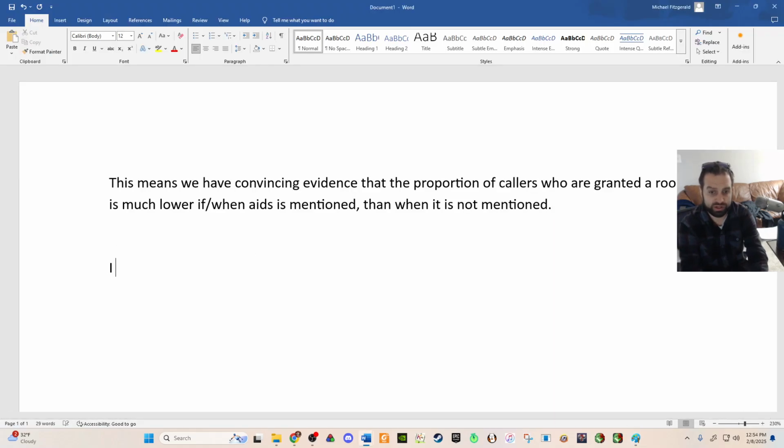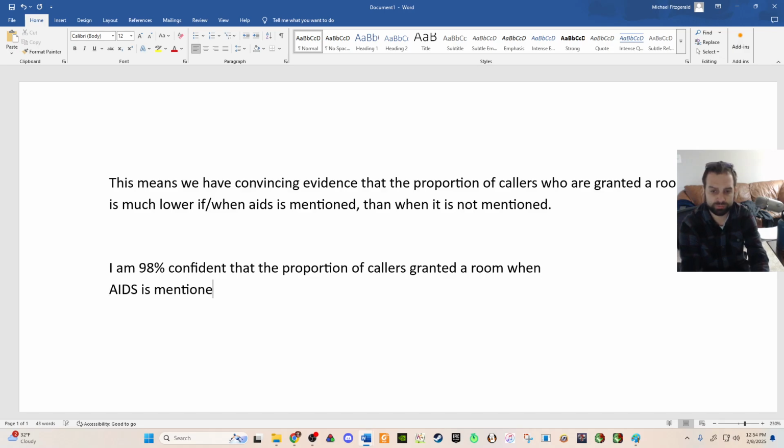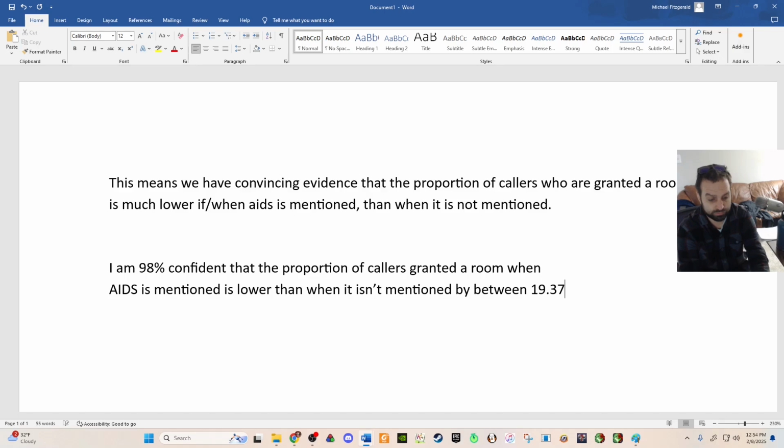I am 98% confident that the proportion of callers granted a room when AIDS is mentioned is lower than when it isn't by between 19.7% and 50%.